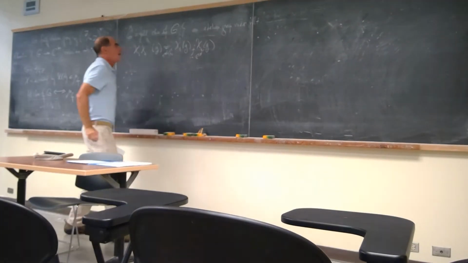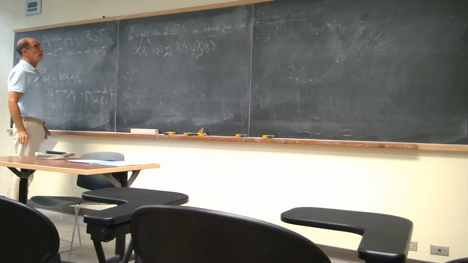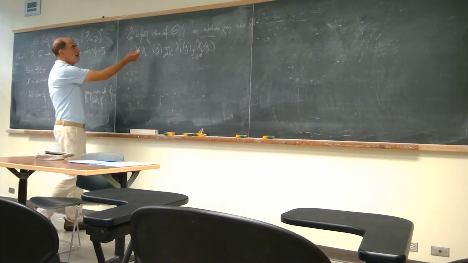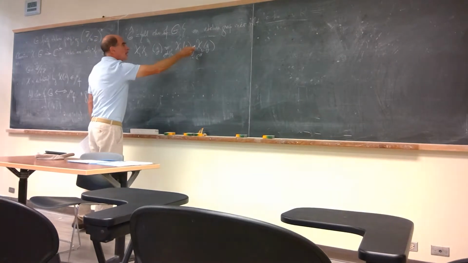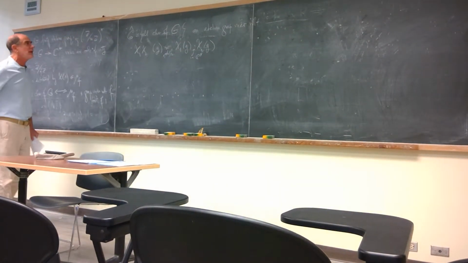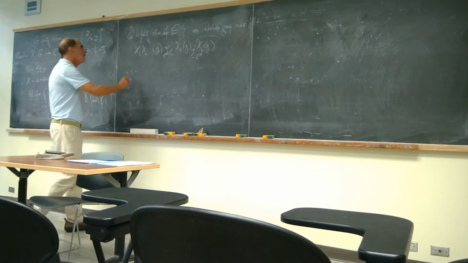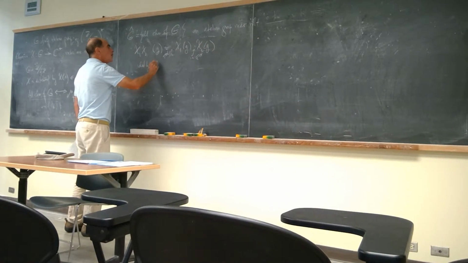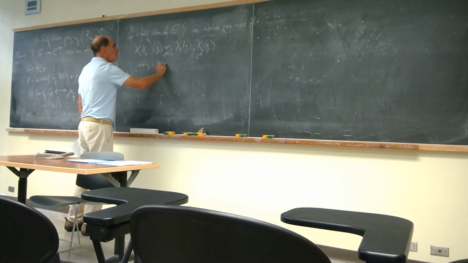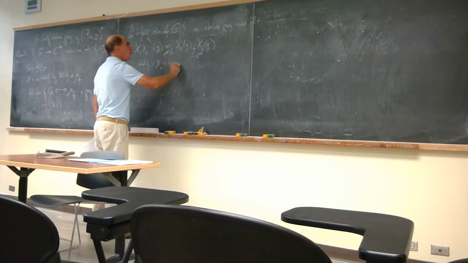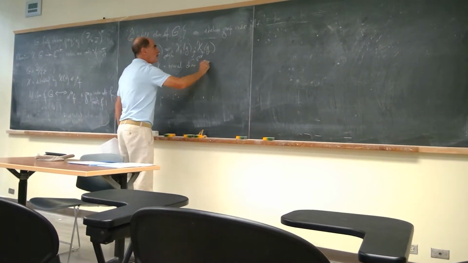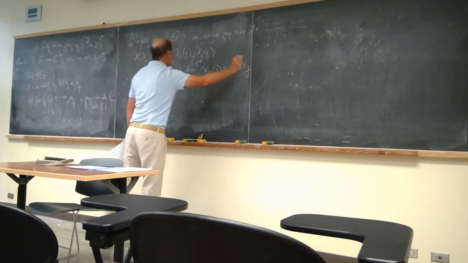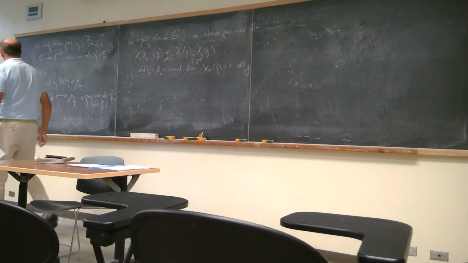So you can take two characters and produce a third by multiplying, and you can check that it doesn't make any difference in which order you multiply, because multiplication in the complex numbers is commutative, and you get an abelian group. And the identity element is the trivial character, chi 0, where chi 0 of g is equal to 1 for all g in G. That doesn't move anything.